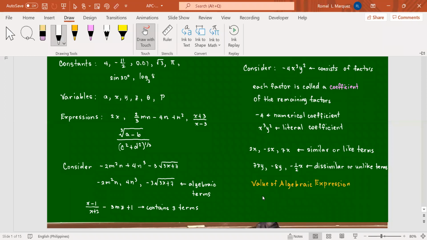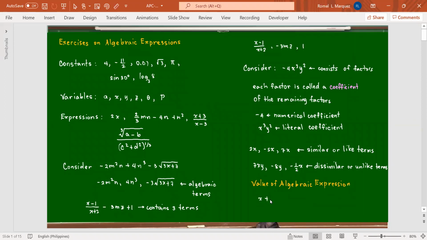So let's say I have x plus y all over z cubed, and you want to know the value of this when x is equal to -1, y is equal to +2, z is equal to -2. What's the value, guys?